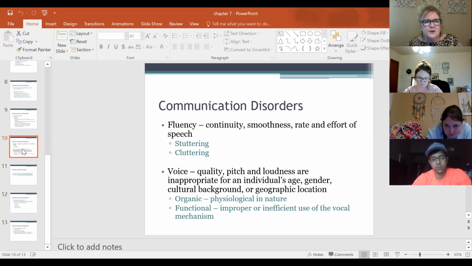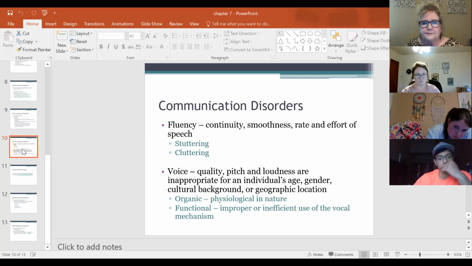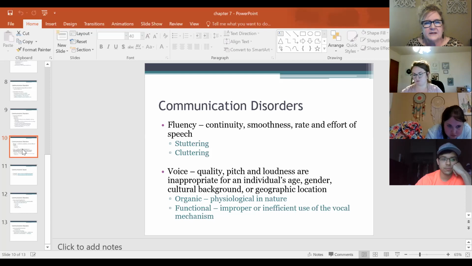And then the last one is voice, and that's when quality, pitch, and loudness are inappropriate for an individual's age, gender, cultural background, or geographic location. I think of just a few examples of this.